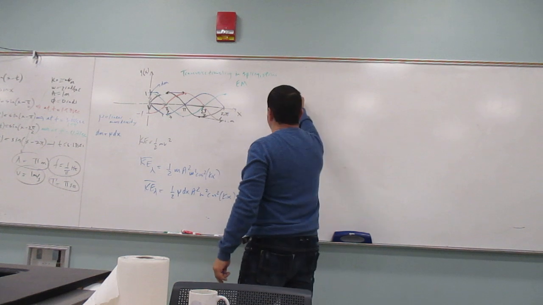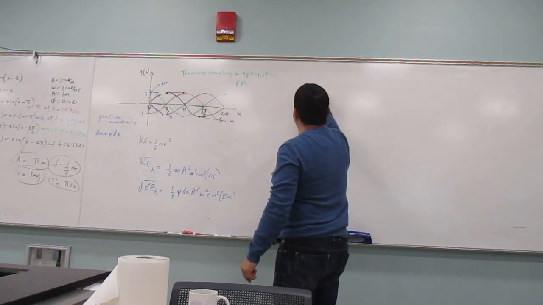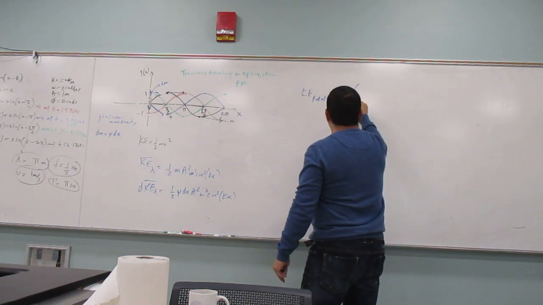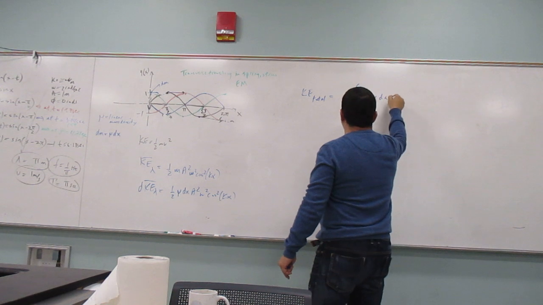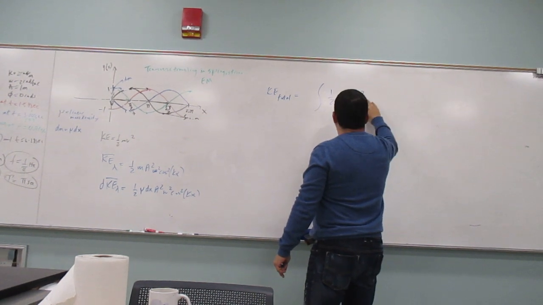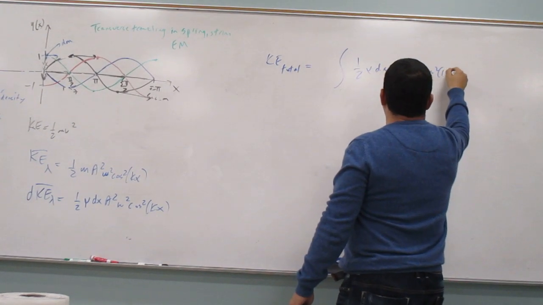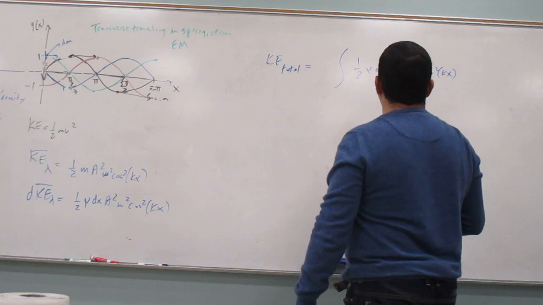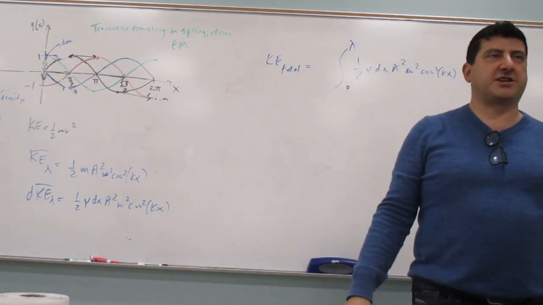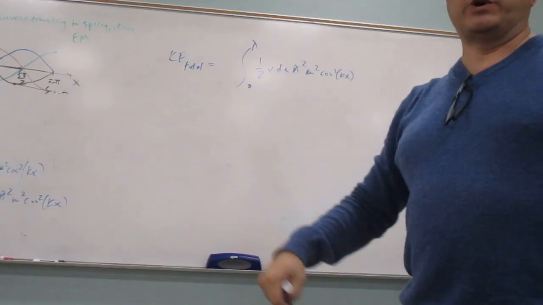We can call this dKe. So the Ke total is going to be the integral of half mu dx a squared omega squared cosine squared kx from 0 to one wavelength. That's the total kinetic energy carried by one wave.